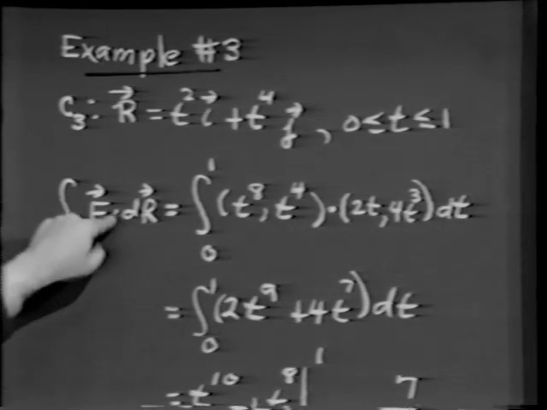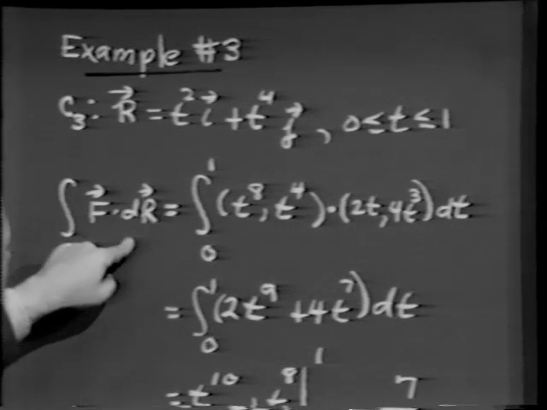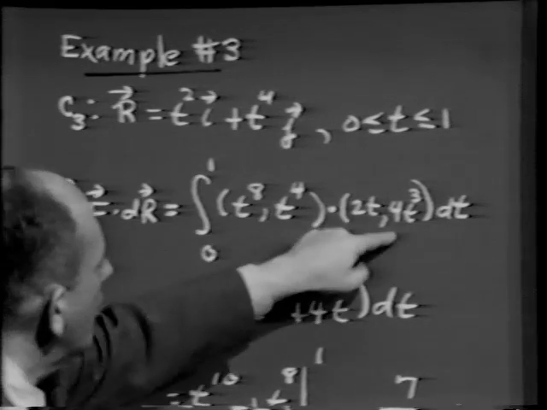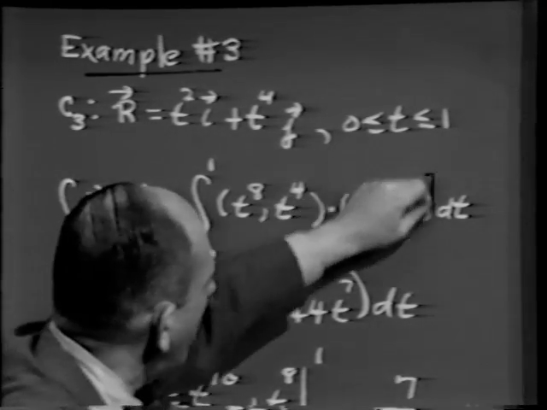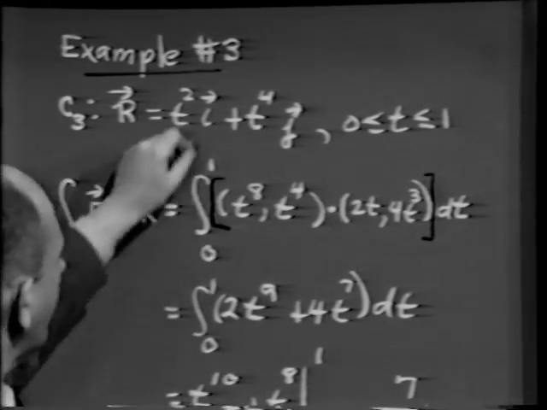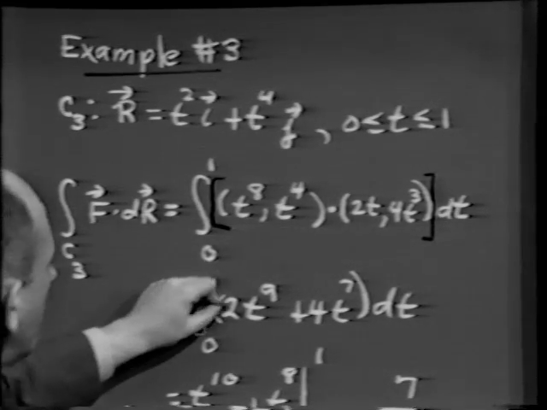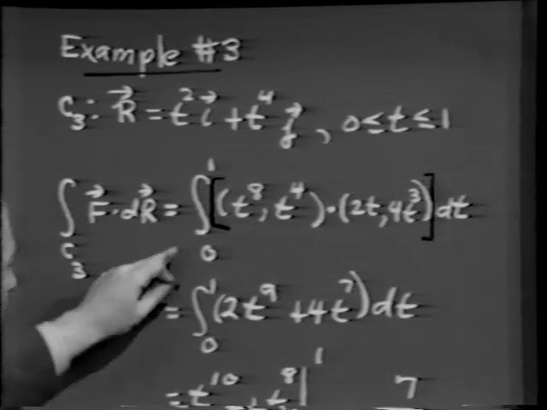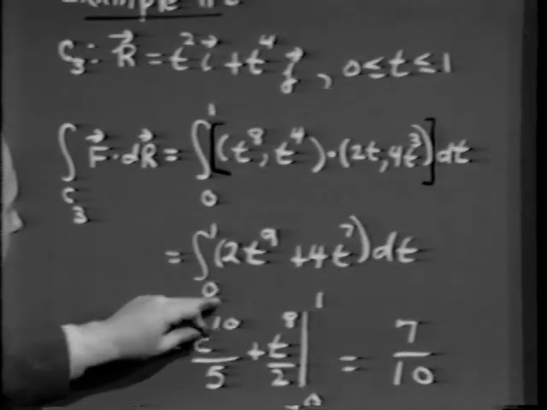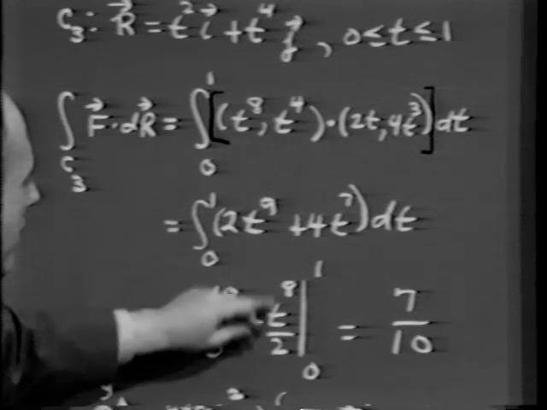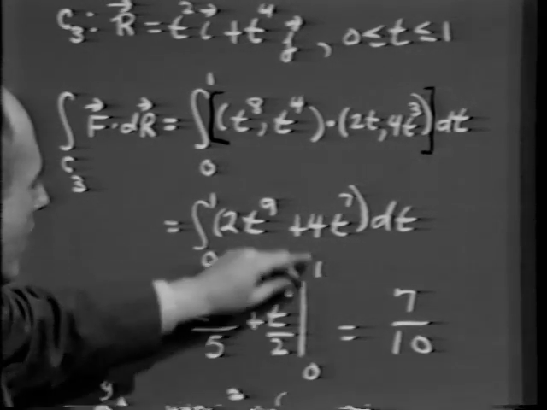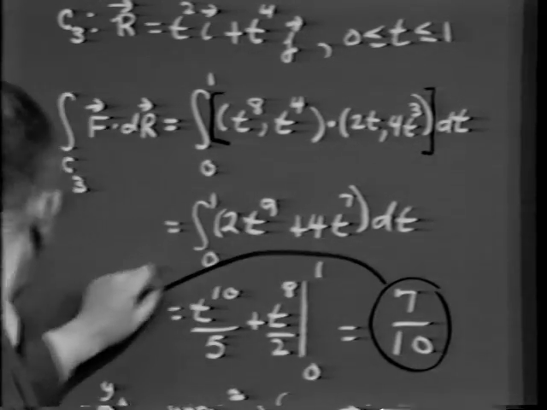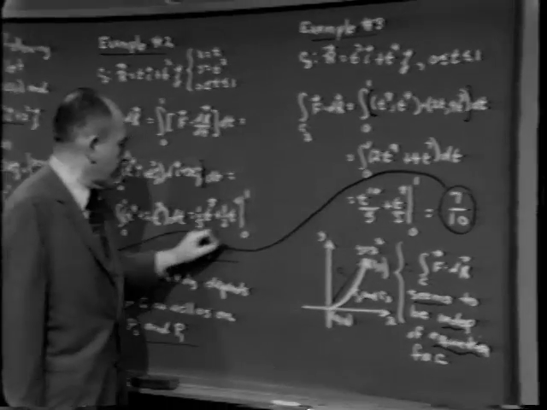Our dr/dt vector has components 2t and 4t cubed, and we multiply that by dt and integrate from 0 to 1. That's simply the integral of 2t to the 9th plus 4t to the 7th dt from 0 to 1. That's t to the 10th over 5 plus t to the 8th over 2, evaluated between 0 and 1, and that's equal to 7/10, which agrees with this result.